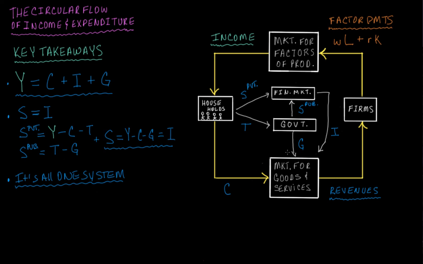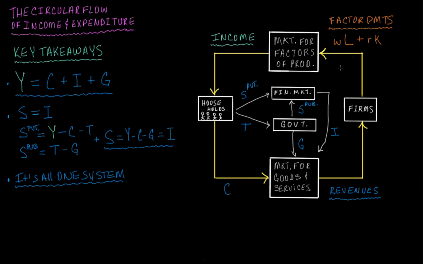But that also must be some reflection of what's happening on the expenditure side. And when we talk about factor payments, we're not talking about some disconnected part of the economy. It's intimately connected to what's happening on the income side and what's happening to households' choices about expenditures, and even the government's choices about how to balance taxes and its spending versus what it can borrow or lend in the financial markets. So it's really all one system.